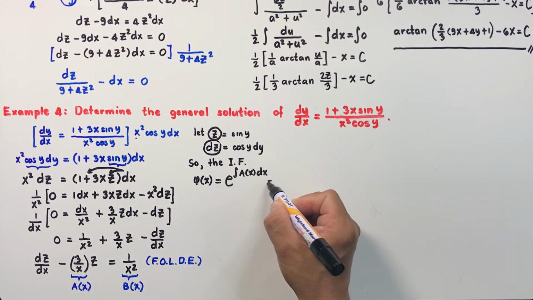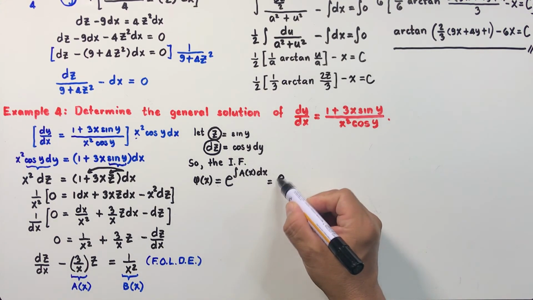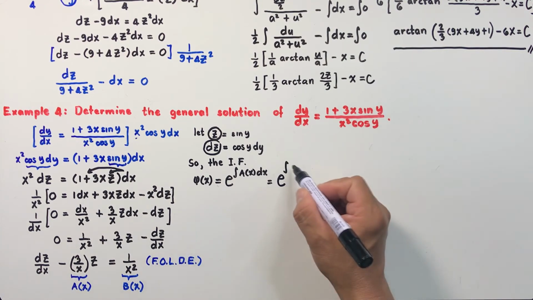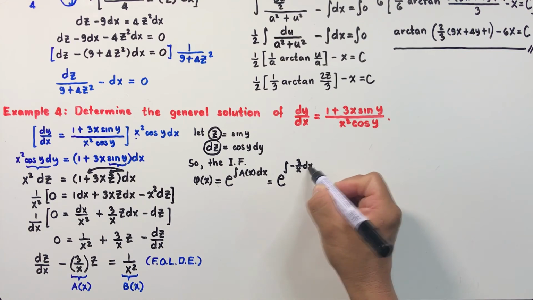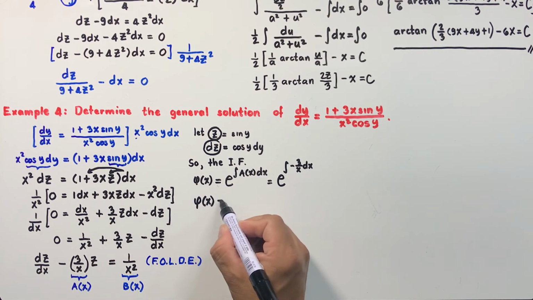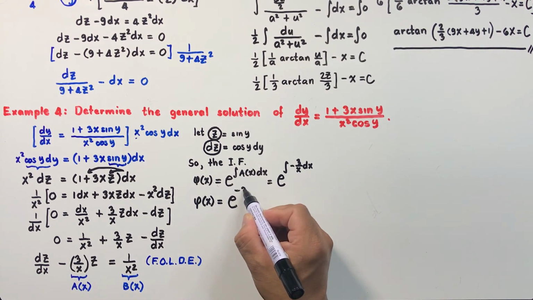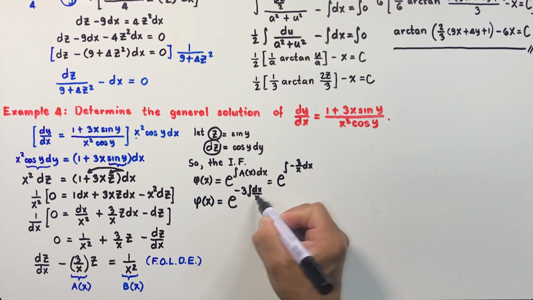You can recall this one from our previous video about solving first order linear differential equations. So this is e raised to the exponent of the integral of a of x, which is negative 3 over x dx. And therefore, our integrating factor phi of x is e raised to the exponent of negative 3 times the integral of dx over x.